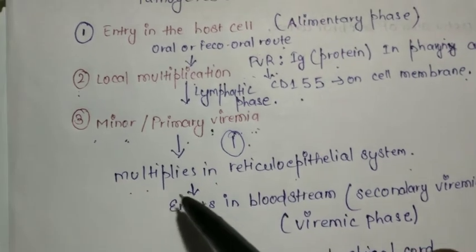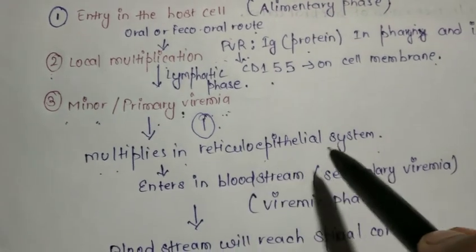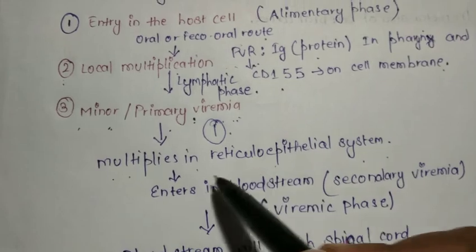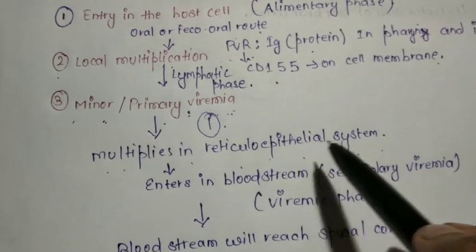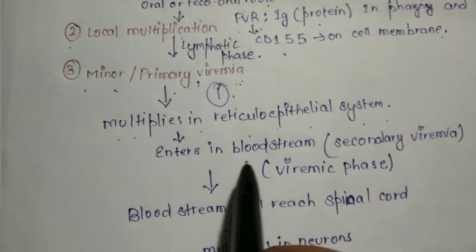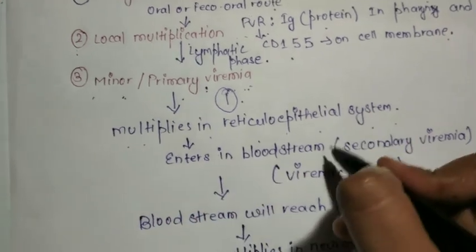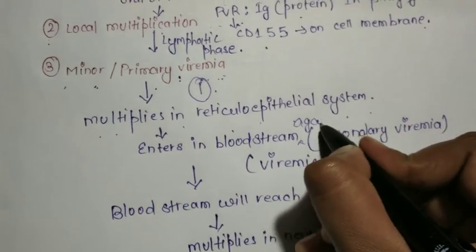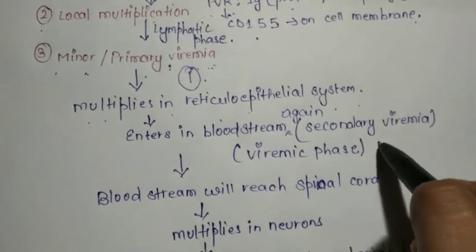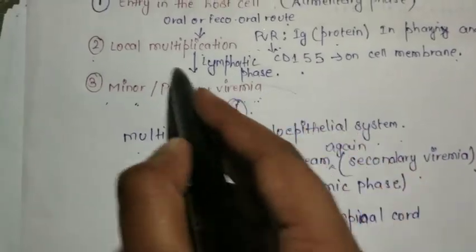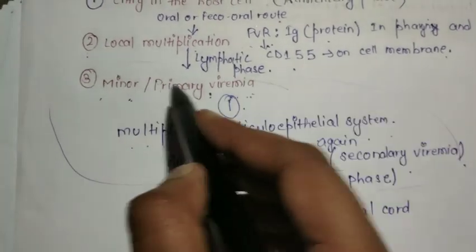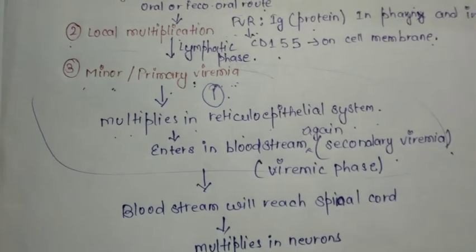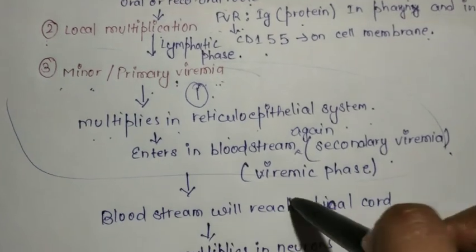Then again they multiply in the reticuloendothelial system, and after multiplying there, they enter the bloodstream again, and this is the secondary viremia. This primary and secondary viremia together is the viremic phase.